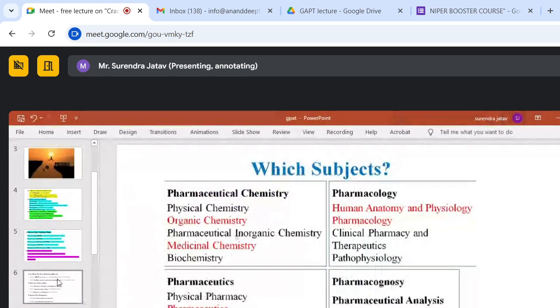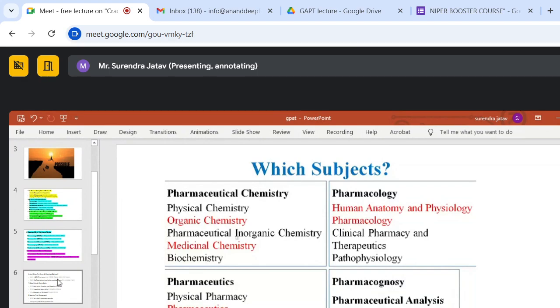Subjects, which I have already discussed: core subjects and scoring subjects. These are some core subjects: chemistry, ecology, pharmaceutics and pharmacognosy. In chemistry there are several subjects: physical, organic, inorganic, medicinal chemistry, biochemistry. And pharmacology, human anatomy, clinical pharmacy, therapeutics, pathology.